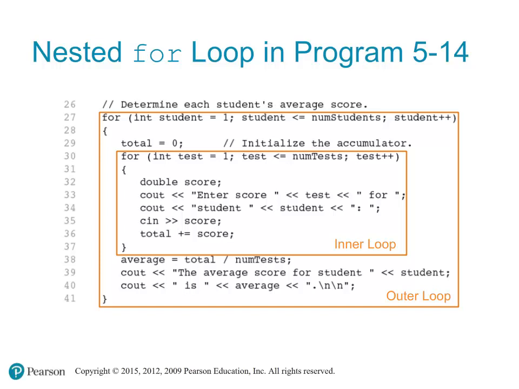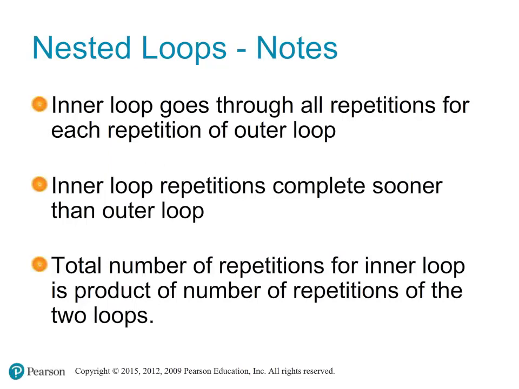This nested loop structure is ideal for scenarios where you need to collect and process multidimensional data, like scores for multiple students across multiple tests. A nested loop involves an inner loop running within an outer loop.